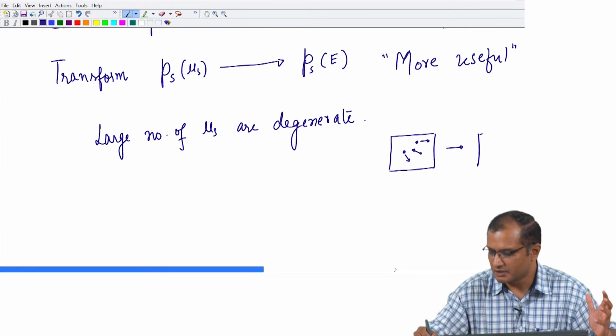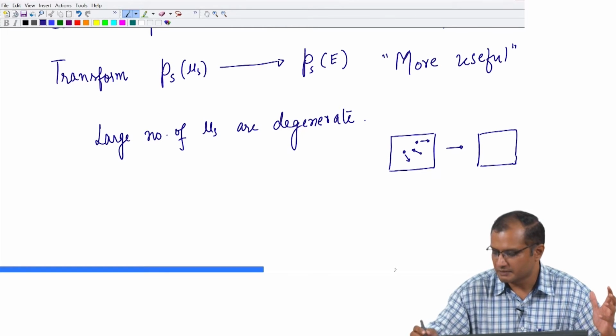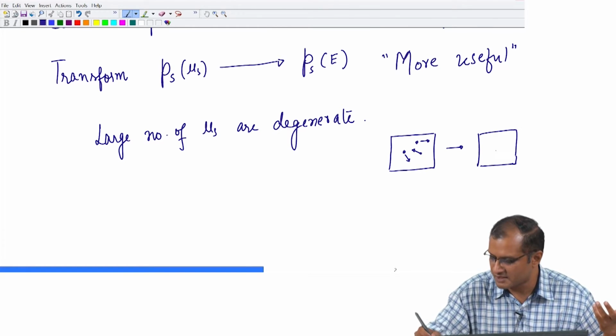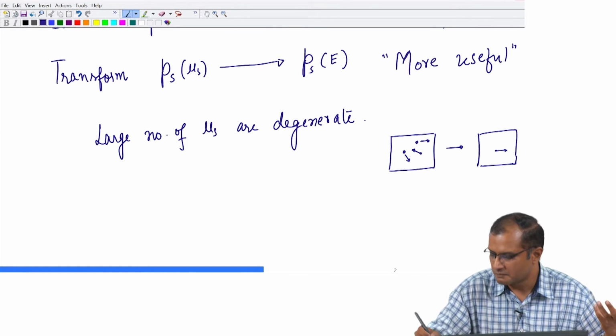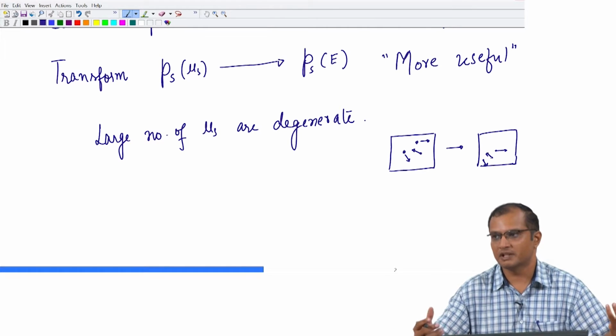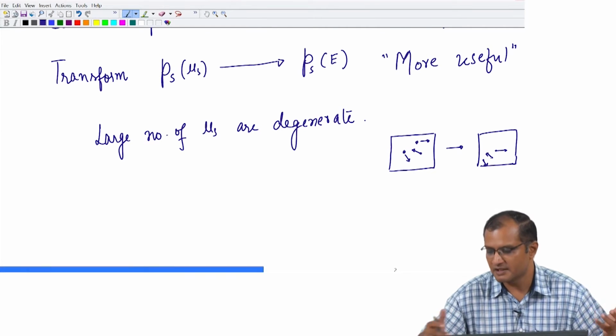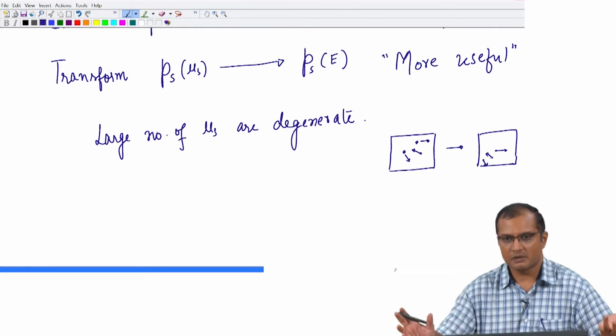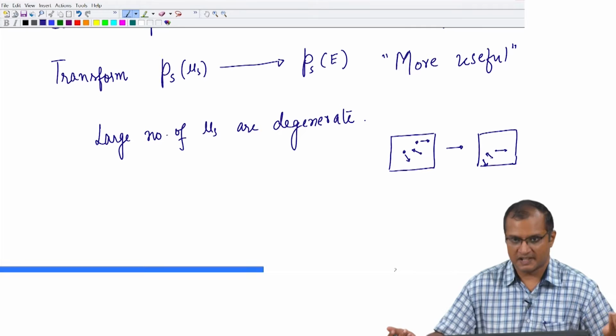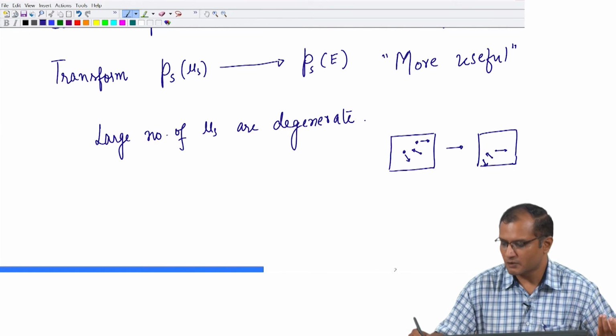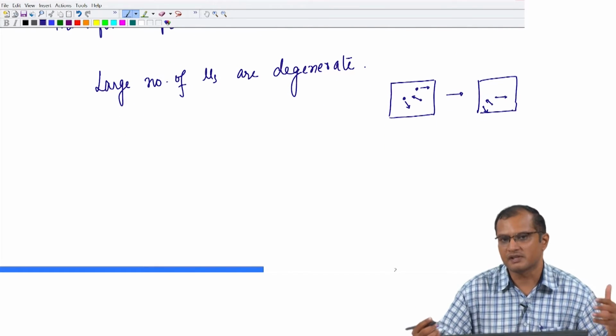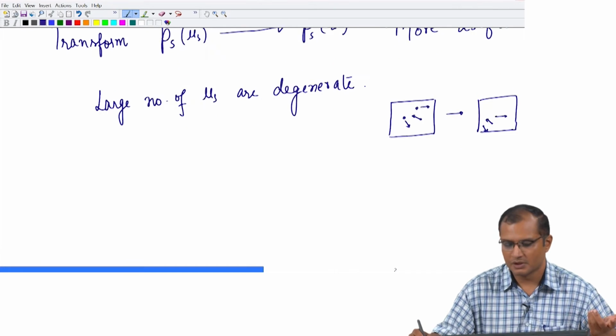Then I get another realization where the same velocities are possible, but the energy is the same. So, the kinetic energy is the same in both configurations, but this is a different microstate. You can consider a large number of such microstates which correspond to the same energy, and I am not interested in those microstates, I am interested in the energy distribution.